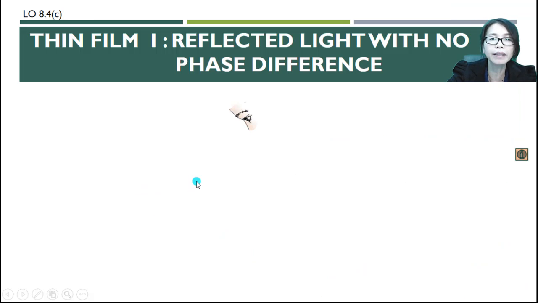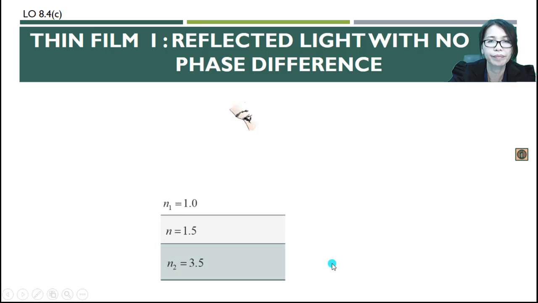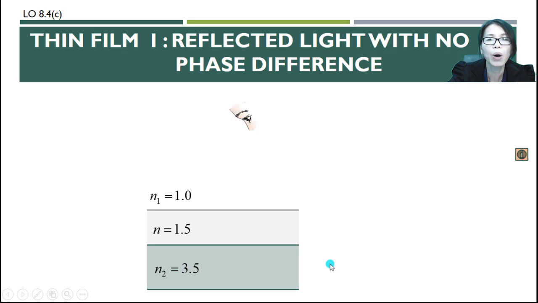For example, thin film 1, reflected light with no phase difference. So let's see, we have a thin film of 1.5. The thickness of the thin film is denoted by t.